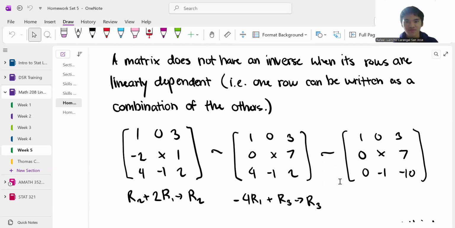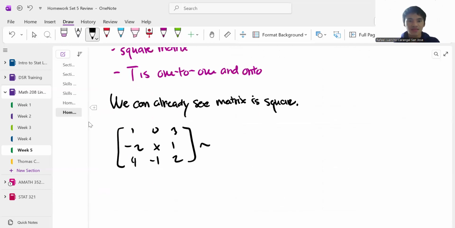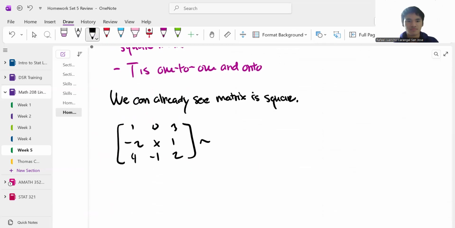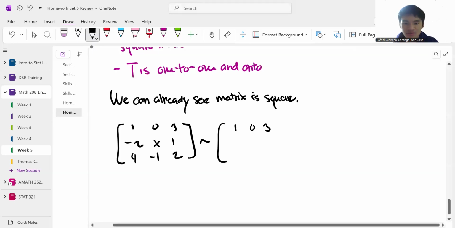Okay, let's try going for a different definition. Let's go with the one I know. Okay, let's reduce this guy. Did he make it reduced? Oh, he did. Okay, he actually made it reduced. So I'm just gonna copy what he just did: 1 0 3, 0 1 10, 0 0 7 minus 10x.